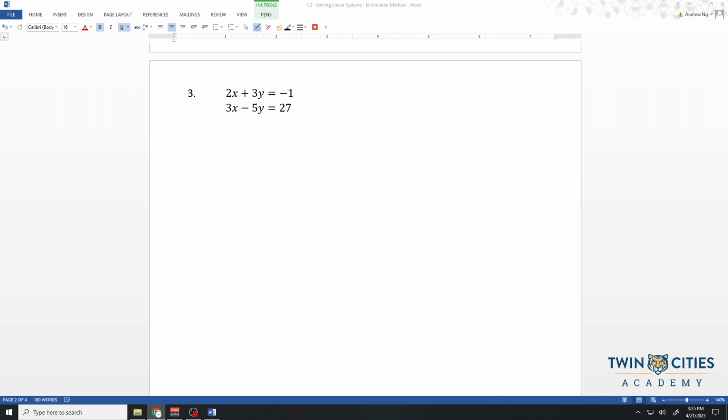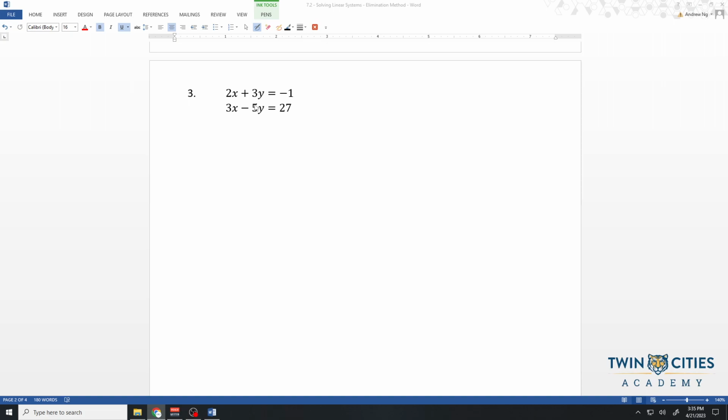In the first one, we had coefficients that matched exactly already, so we could just go ahead and add or subtract. In the second one, we could just multiply one of the equations so that the coefficient on one of the variables matched the other equation. Here, though, I can't do that. There's no integer I can multiply 2 by to get 3, and same thing for 3y to get to 5y.